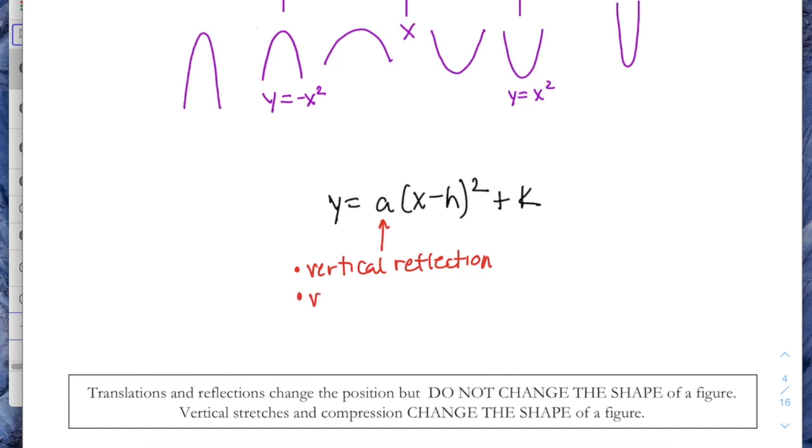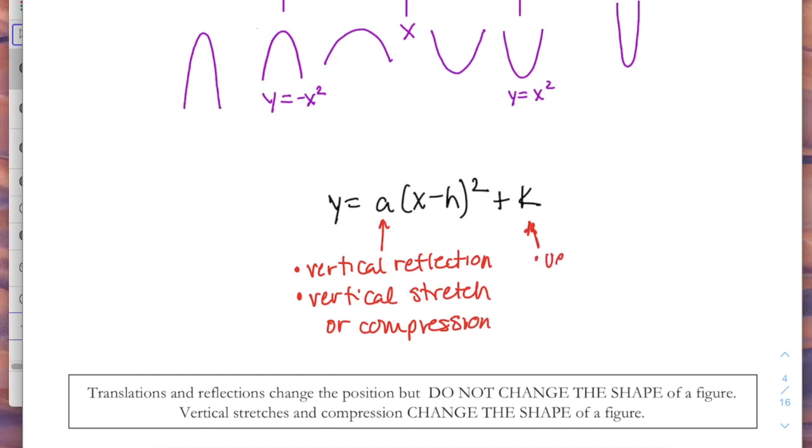It's also responsible for a vertical stretch or compression. The other vertical parameter is K, and this one is our vertical translation, up or down.